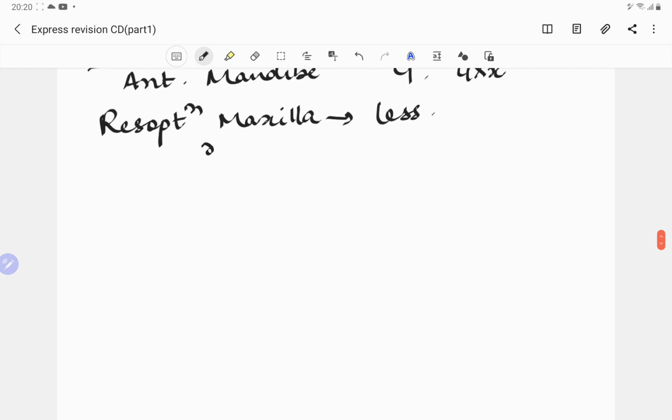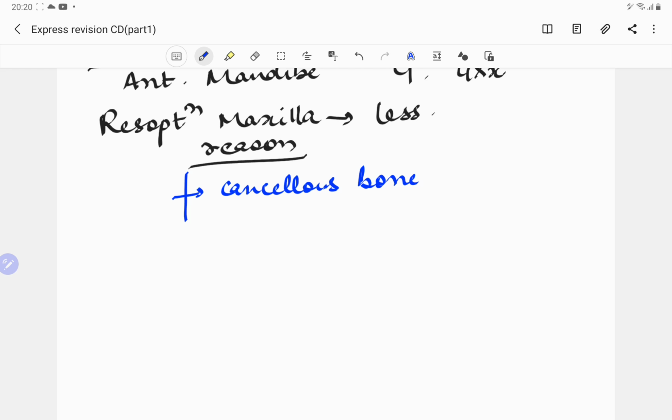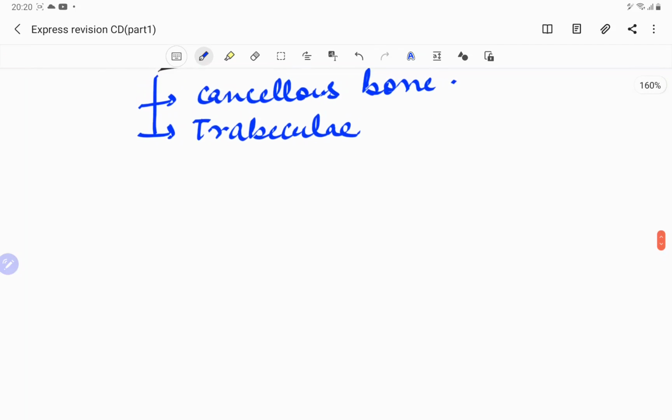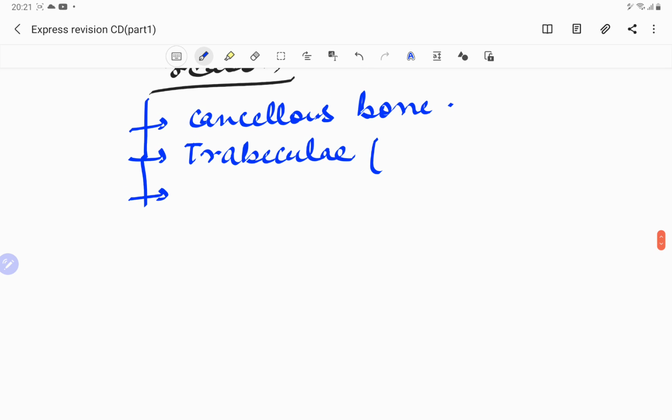And the reason behind this is that the maxilla is a cancellous bone. So because of that, it absorbs and dissipates the forces. Then the trabeculae pattern in the maxilla are parallel to the forces, so they are parallel to the deformation forces. Therefore there is going to be maximum resistance to deformation.